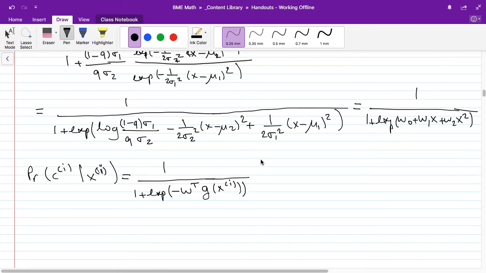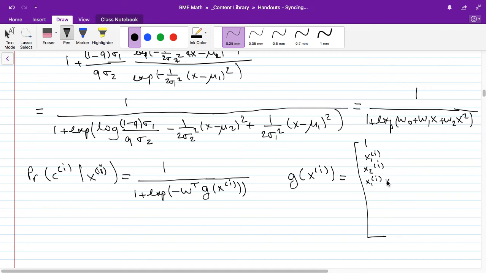And let me show you what I mean by that. So let's define g of xi, our basis function, to look like this: 1, x1 of i, x2 of i, x1 of i times x2 of i, x1 squared of i, x2 squared of i. So that's what I mean by my basis vector.